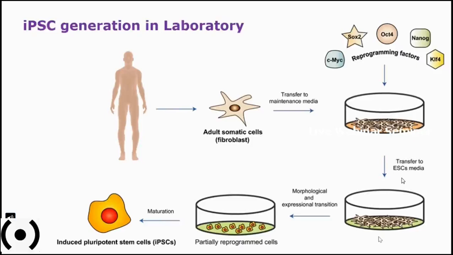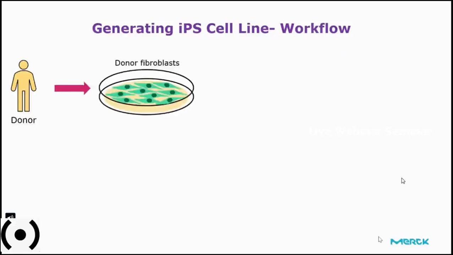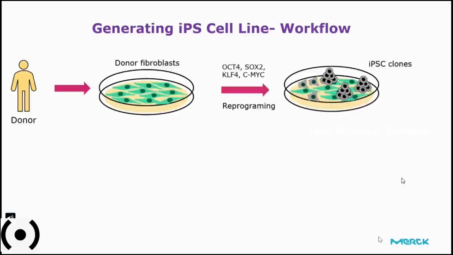Now the question is, nowadays these iPS cell lines are already available from different commercial sources, right? So how do you generate and maintain an iPS cell line? You take skin biopsies from any donor, grow the fibroblasts in your petri dish as primary culture, then reprogram them, and you will notice certain changes in the morphology of the cells.